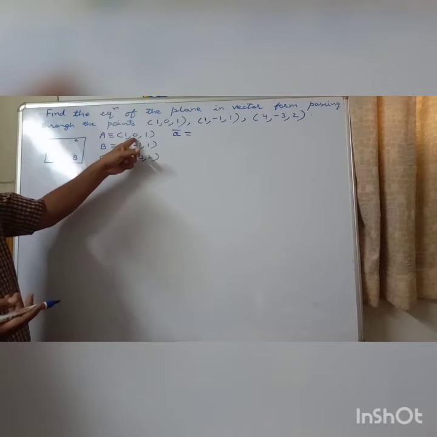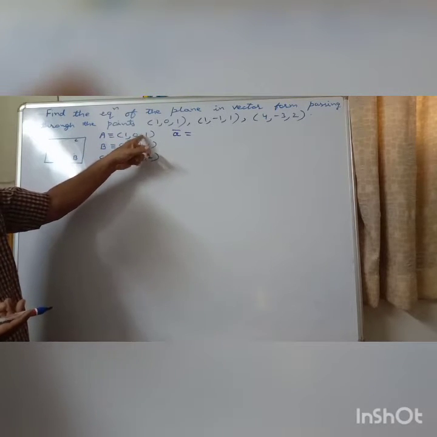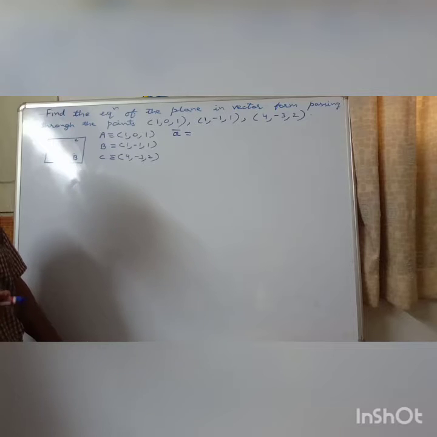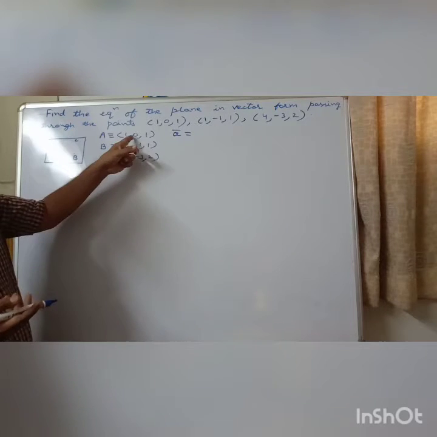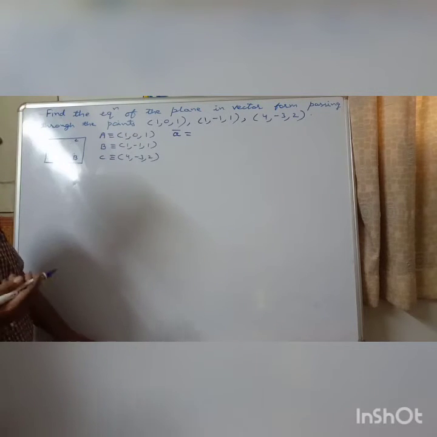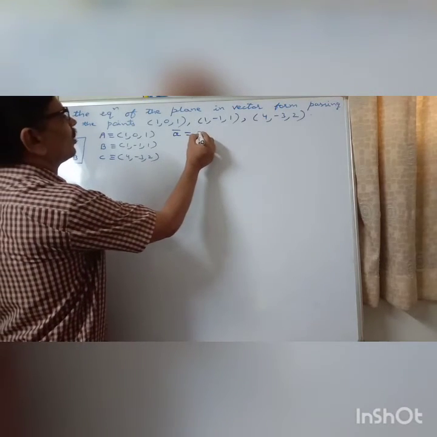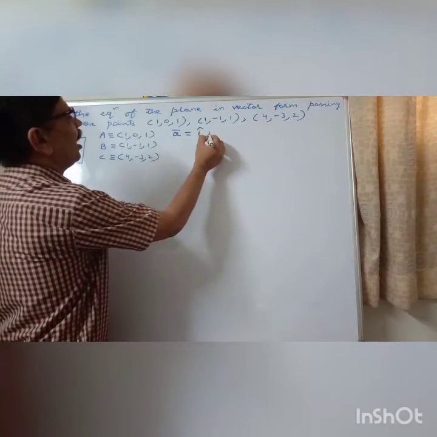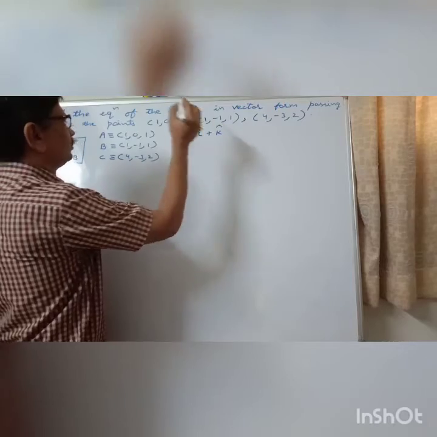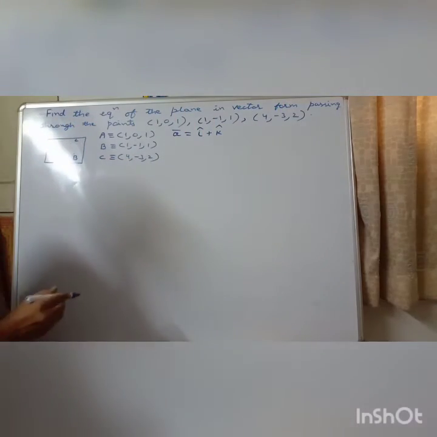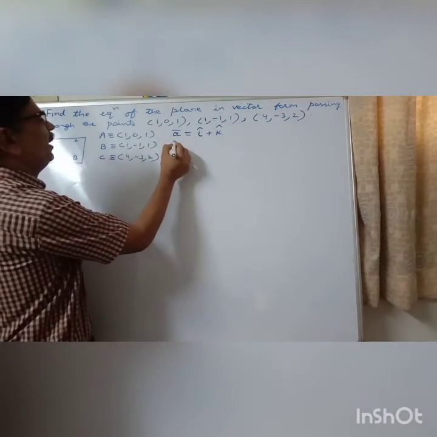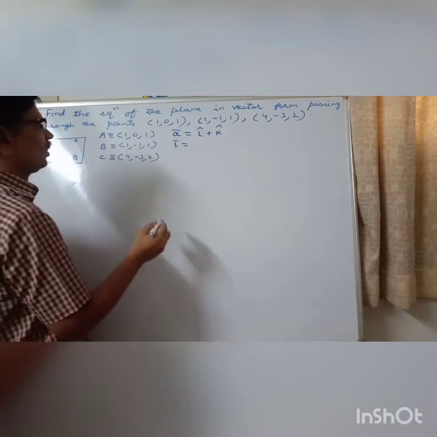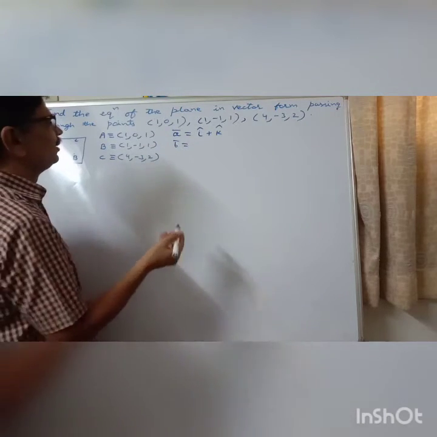1i plus 0j plus 1k. When the coefficient is 1, we need not write it. 0j is 0, so we need not write that term. We get A bar equals i plus k. B bar equals 1i minus 1j plus 1k.